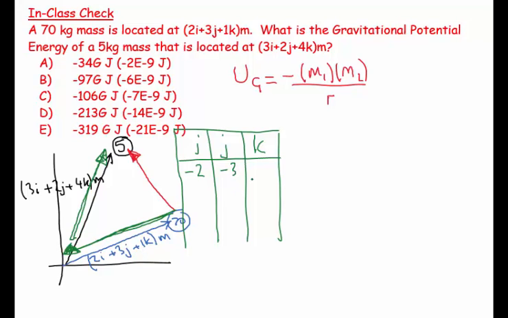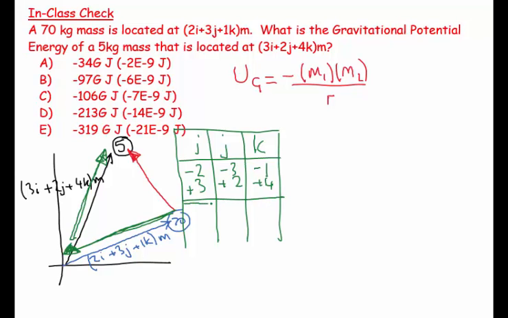And rather than having plus 1, I'd have minus 1. So my vector displacement from the 70 back to the origin would be minus 2i, minus 3j, minus 1k. And then the second step would be going from the origin to the 5 kilogram mass. And it turns out that's what the question gave me. So this is 3i plus 2j plus 4k.